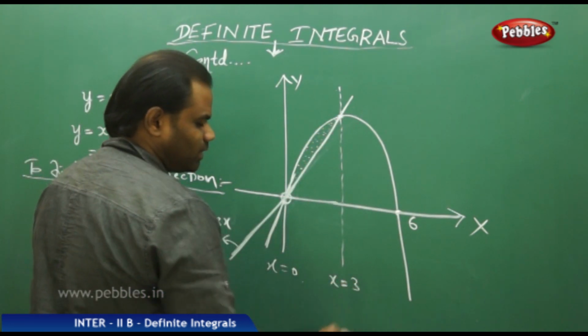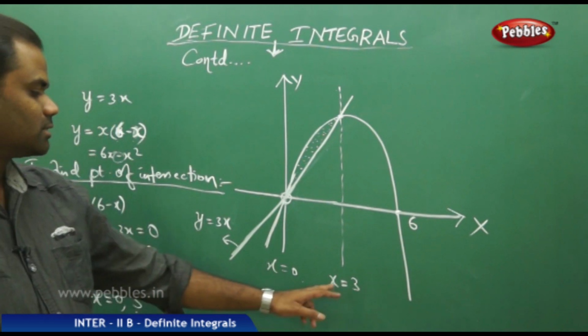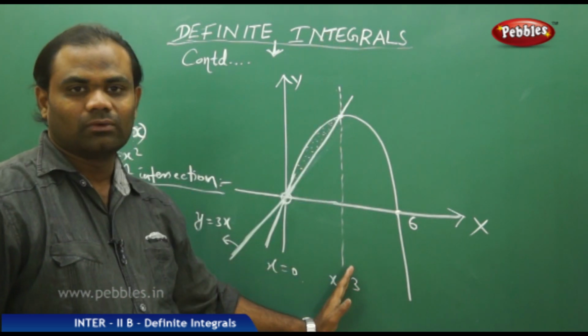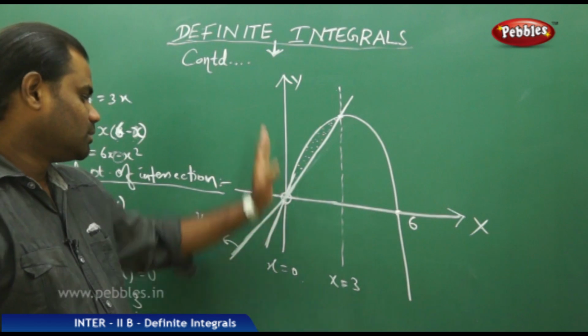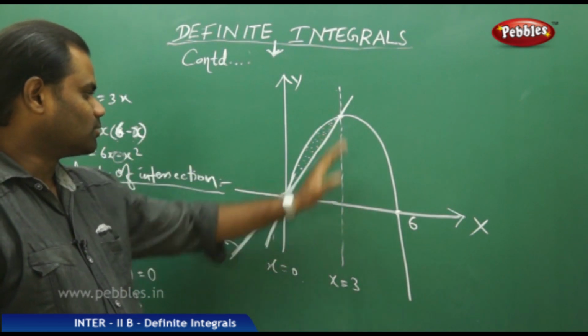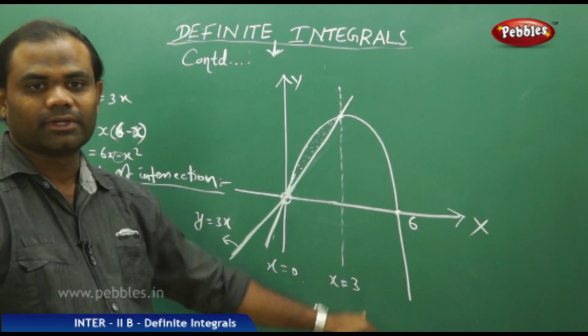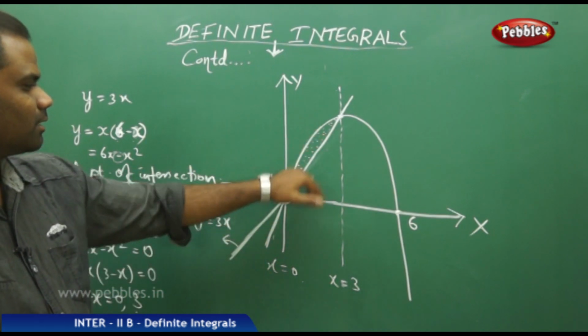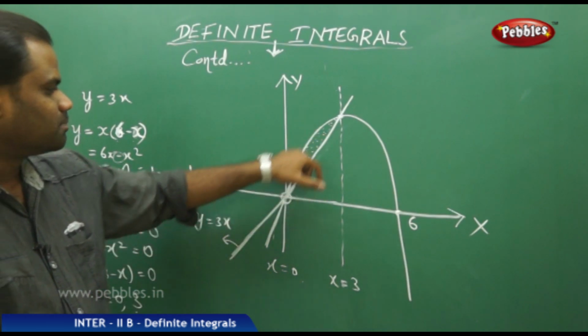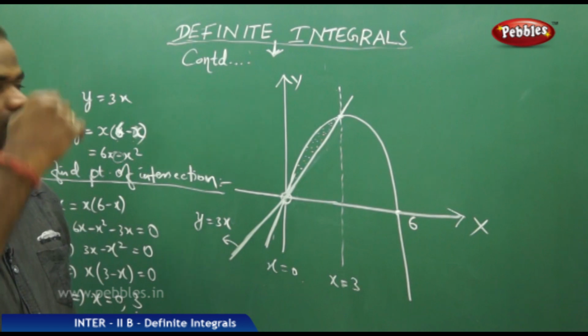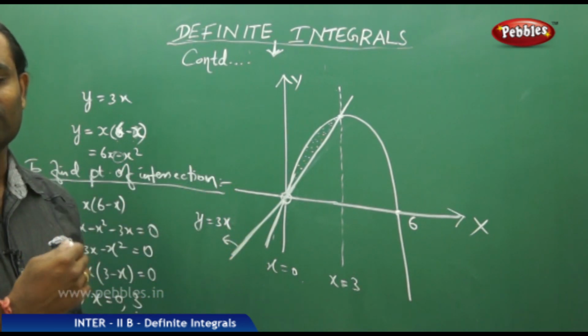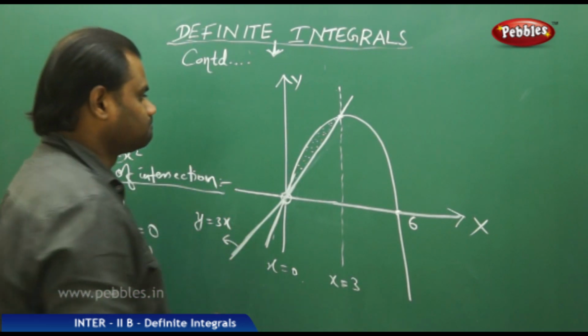So we don't require the y coordinate, therefore we just find this right bound, which is x equal to 3. So the left limit is x equal to 0 and the right limit is x equal to 3. And clearly when I see the diagram, as I see here, this parabola is the upper curve and the straight line is the lower curve.